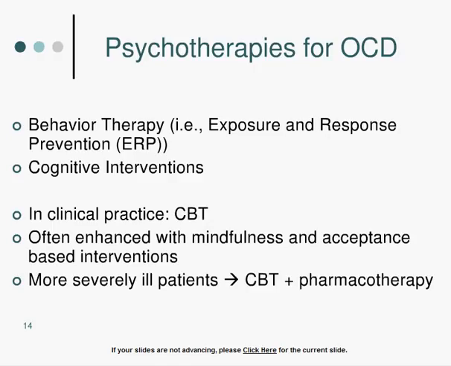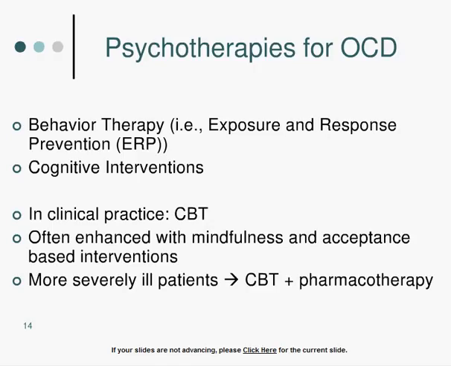So exposure basically means that you are encouraging your patients to go back in situations that they would otherwise avoid or that they only endure with high anxiety because of their OCD. And ritual prevention or response prevention, and we use these terms interchangeably, means that you are discouraging your patients from engaging in rituals during these situations.